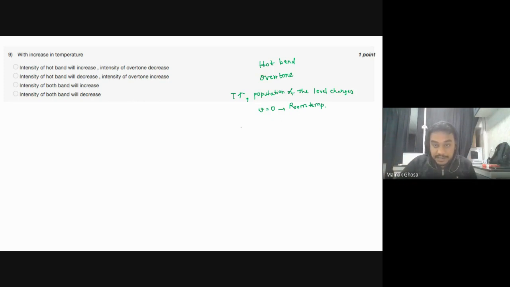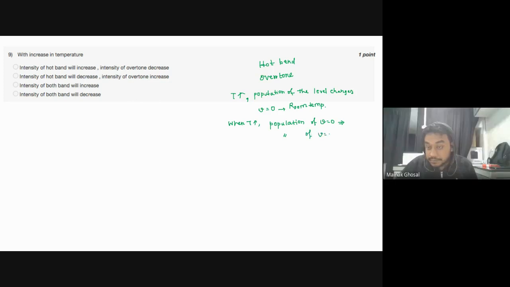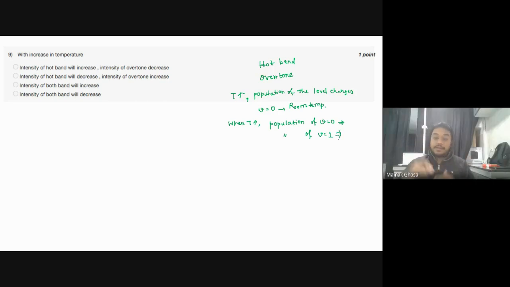Now, if you are increasing heat, when T increases, the population of V equals 0 will increase or decrease? No. Suppose I have 100 molecules in the V equals 0 state.